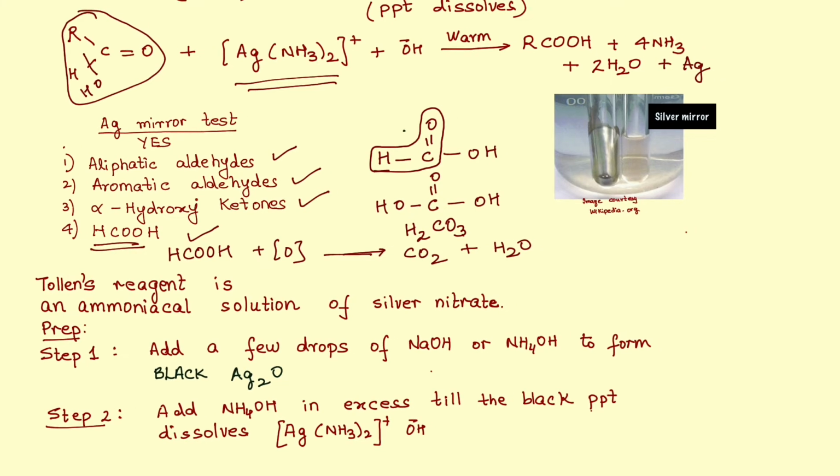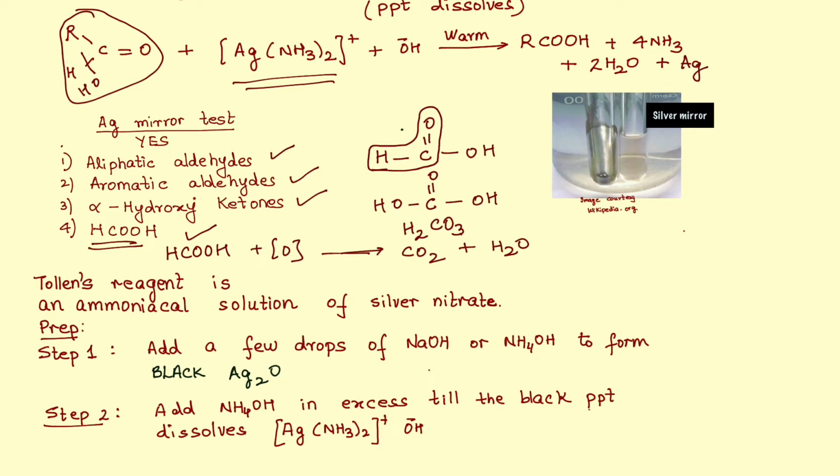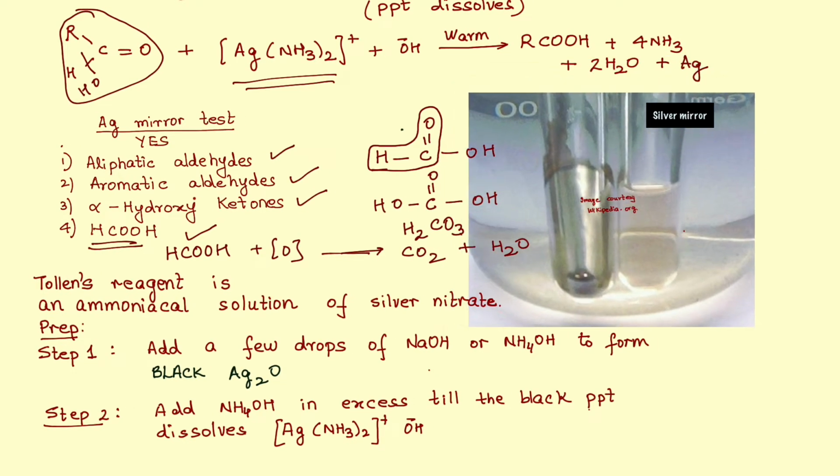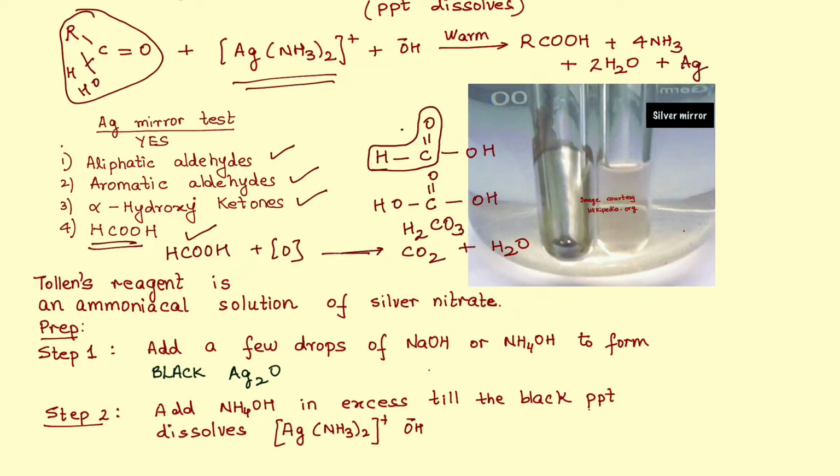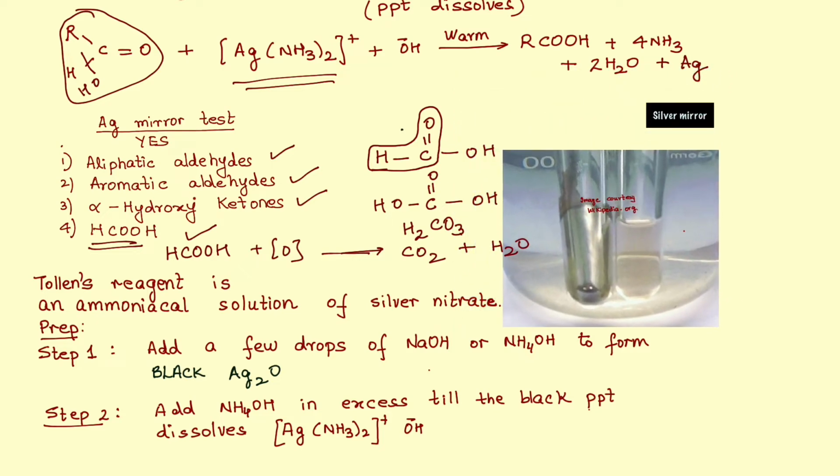Now observe one more thing. Here in this picture, two test tubes are shown. The first test tube shows the silver mirror test which you get with an aldehyde. The second would be with any compound which does not give you the silver mirror test. So that could be any alcohol, halo derivative.